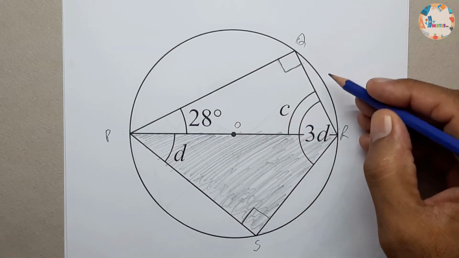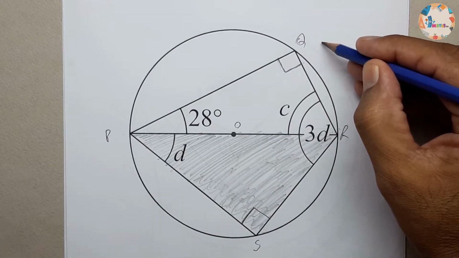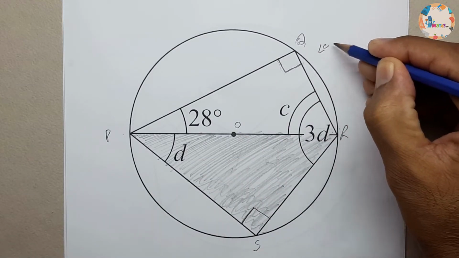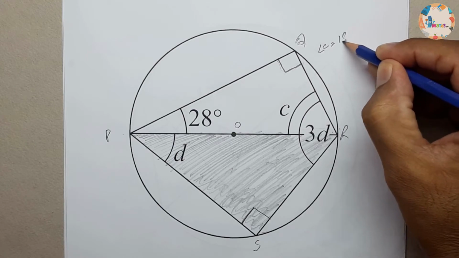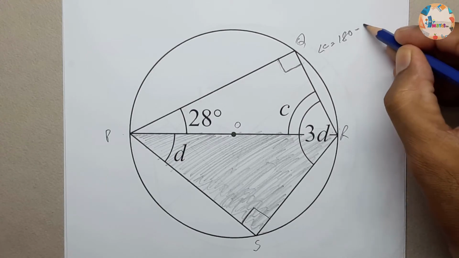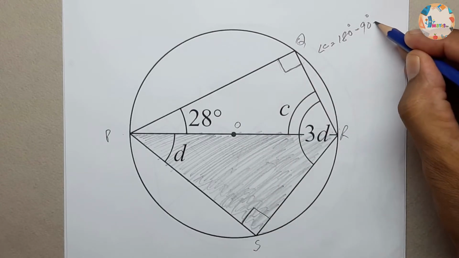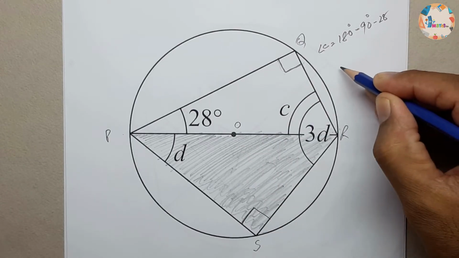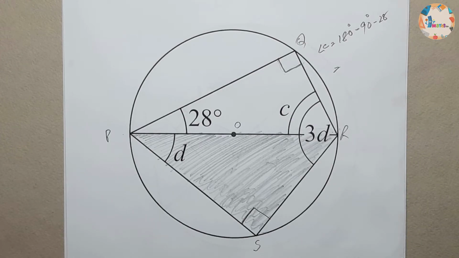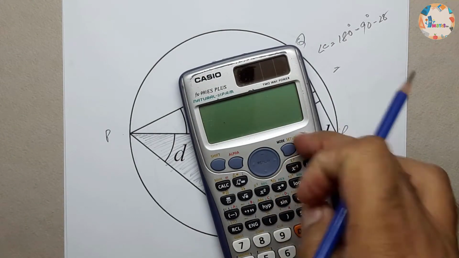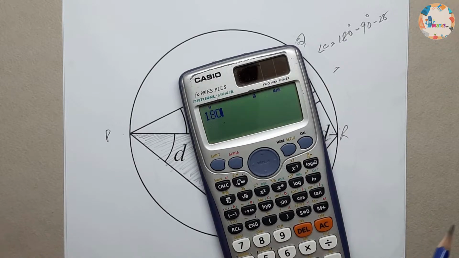So we can write here, angle C will be equal to 180 minus 90 degrees, which is this one, and 28. I'm using a calculator, I'm not solving mentally, so that you will be at ease when you use a calculator.